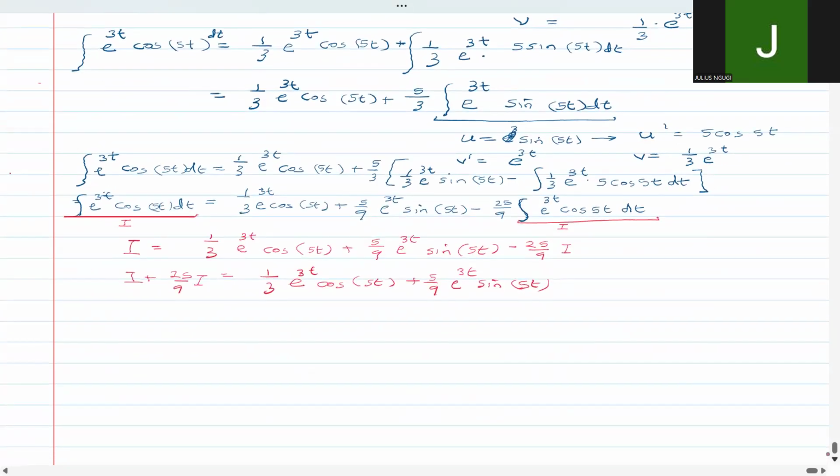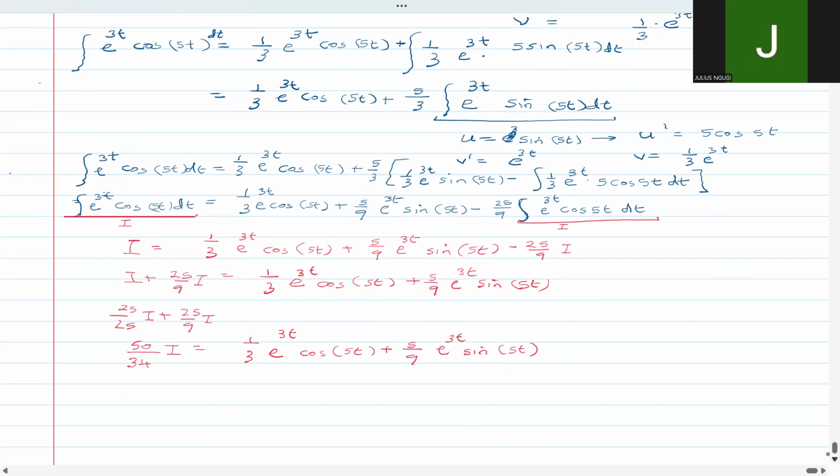So I plus 25 over 9 I, it's like 9 over 9 I plus 25 over 9 I, which becomes 34 over 9 I, equal to the right-hand side, a third exponential power 3t cosine of 5t plus 5 over 9 exponential power 3t sine of 5t.